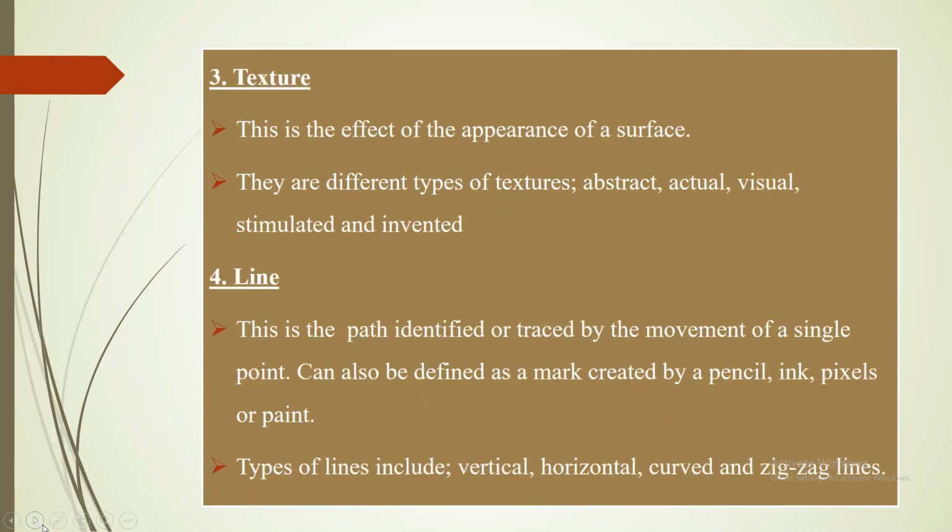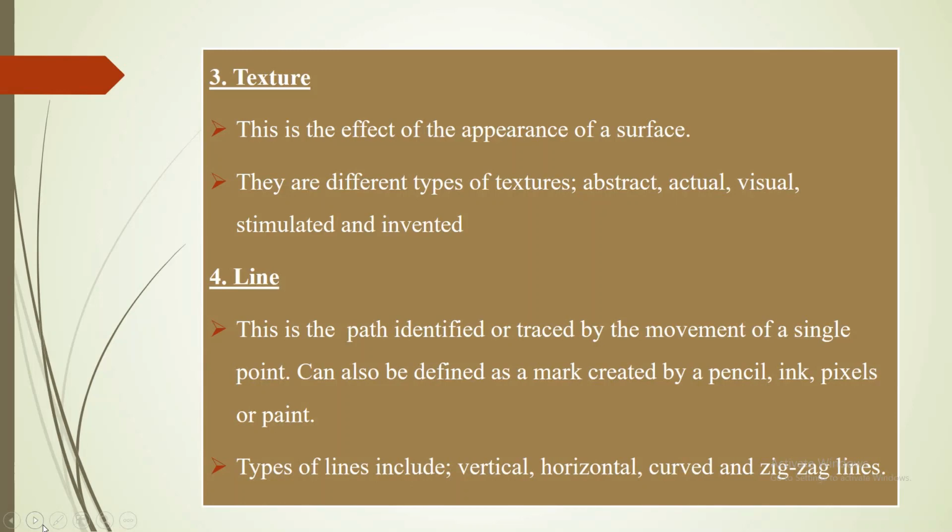The other element of art and design is texture. This is the effect of the appearance of a surface. There are different types of texture, such as abstract, actual, visual, simulated, and invented.